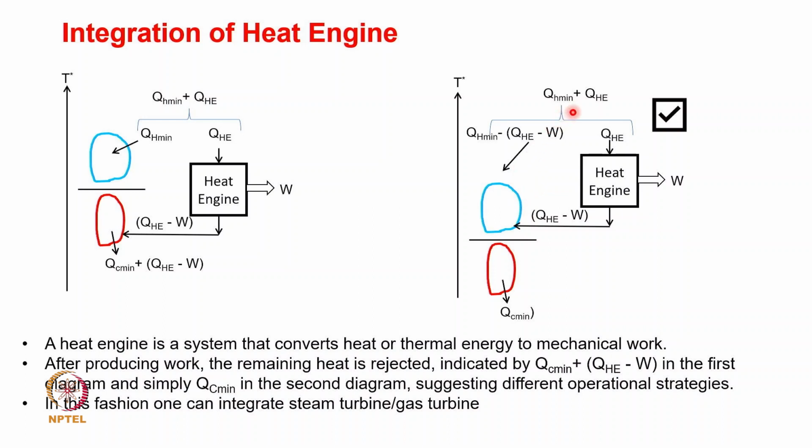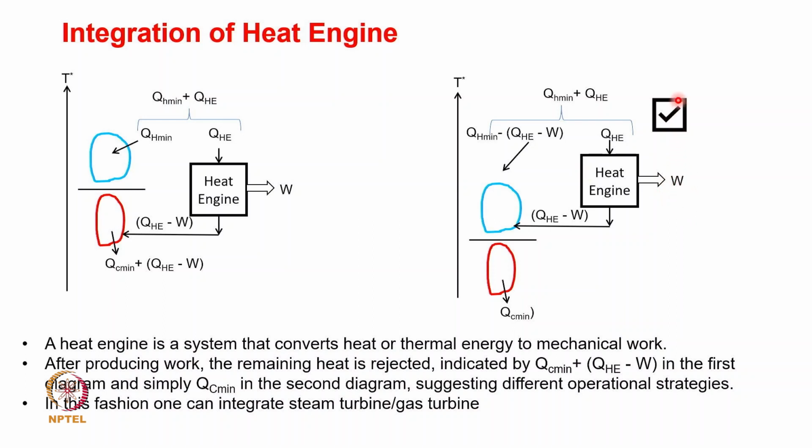So you only need to supply less heat from the utility. As we are receiving this QHE minus W as additional heat above the pinch, the total heat requirement from the utility is also reduced by QHE minus W. And we are also getting the useful work.